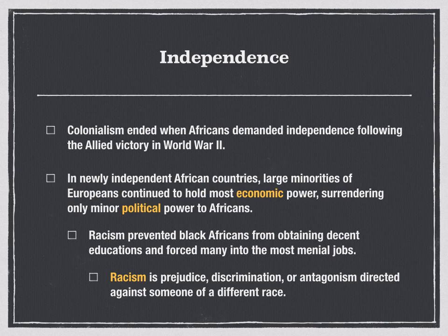They often would surrender only a little political power to the Africans. Racism still prevented black Africans on their own continent from obtaining decent educations and still forced them into the most menial jobs. Remember that racism is prejudice or discrimination or any antagonism, hatred that's directed against someone of a different race.